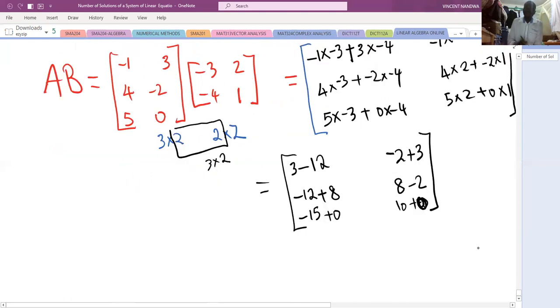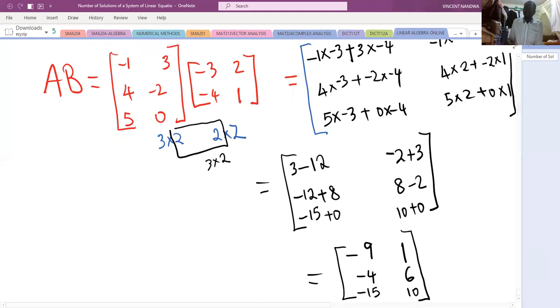Next, just get those sums. 3 minus 12, I'll get -9. -2 plus 3, I get 1. This I get -4. This I get 6. This I get -15. And then this I get 10. So that's what I get.